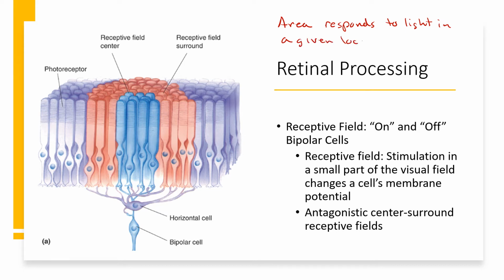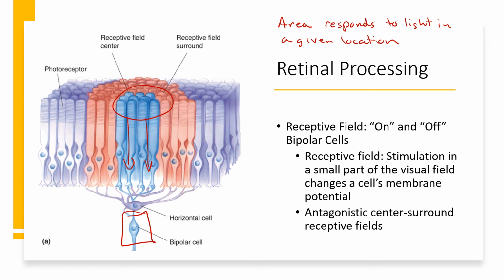Somewhere in space, in the visual world around this animal, these photoreceptors right here are going to receive input from a specific location in that world. So the receptive field for this bipolar cell down here are the photoreceptors that are going to send signals to it, the ones that transmit their signal this way to that bipolar cell. They're the ones that are part of its receptive field.